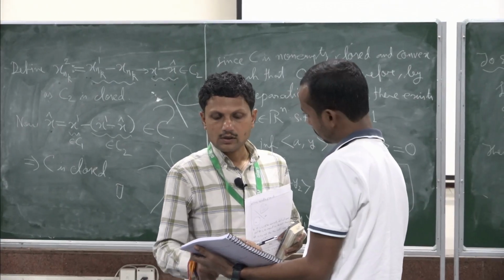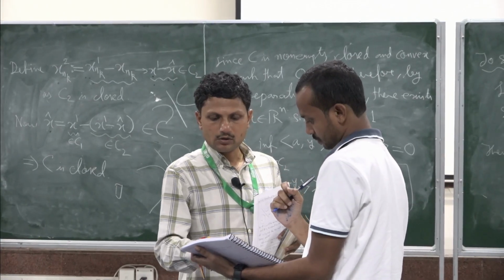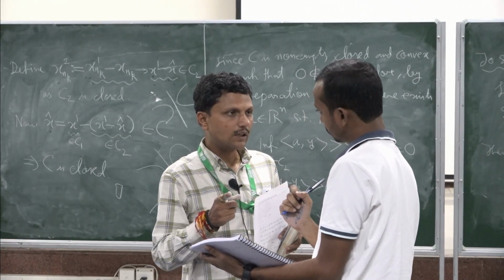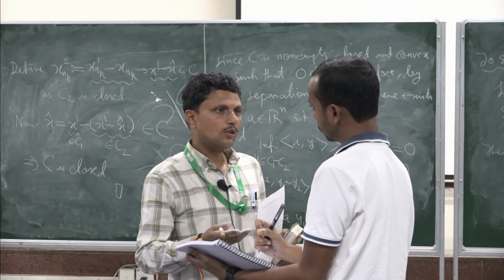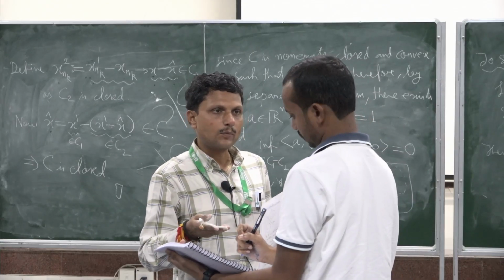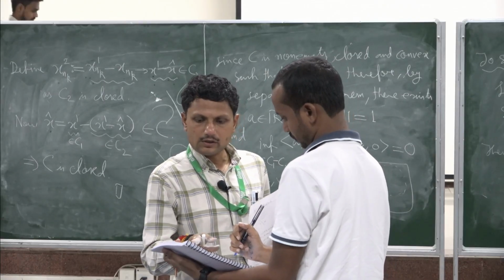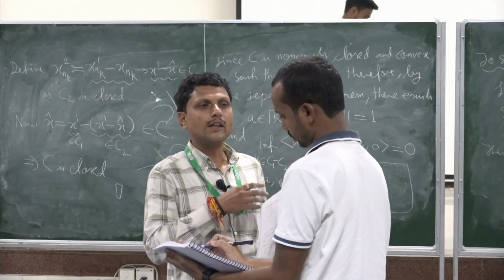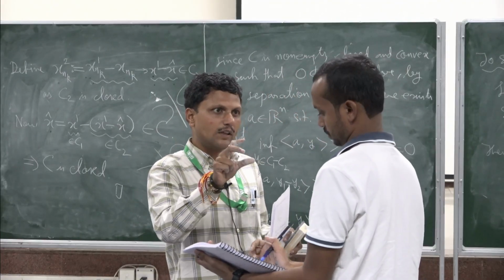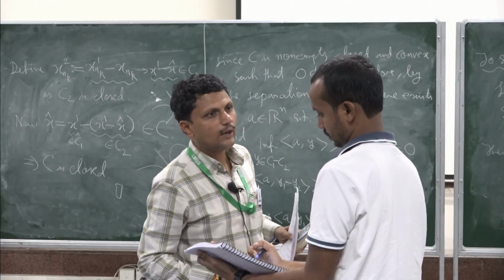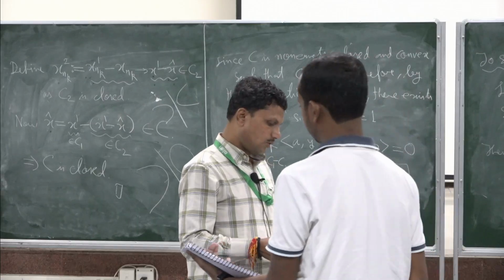Yes, this is the point. Both these sets are convex but unbounded. So that is why you are not able to find a hyperplane. In this case you can find one. It's not that it will never be found, but if at least one is bounded, you can always have a hyperplane, right? Okay.